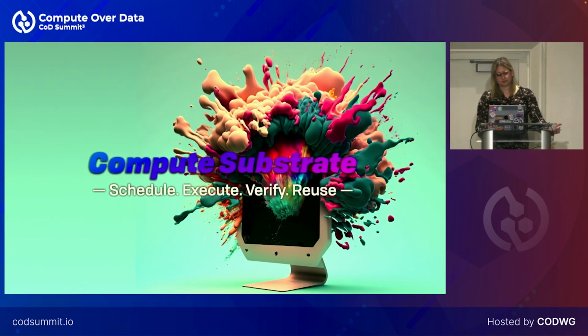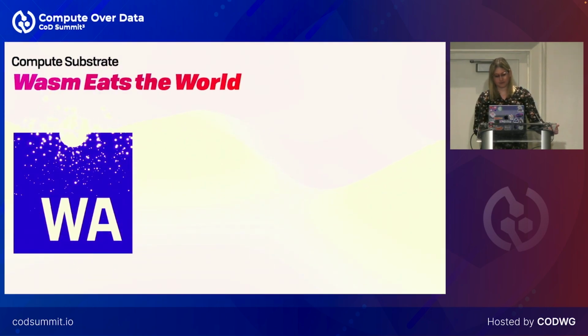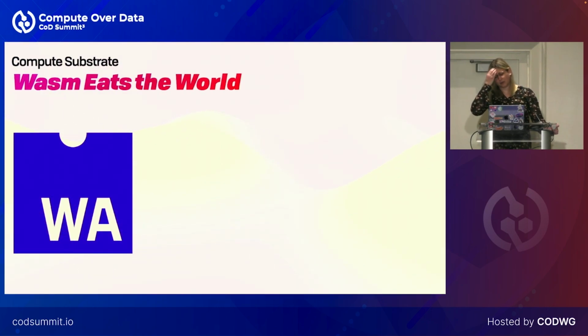So let's talk about a compute substrate. Things are becoming increasingly clear that WebAssembly is eating the world, slowly but surely. And as more of these pieces come together, so the WebAssembly component model, for example, and more tooling, this becomes a more and more obvious choice. Now, that's not to say that IPVM is only about WebAssembly. It can, in principle, connect to anything.